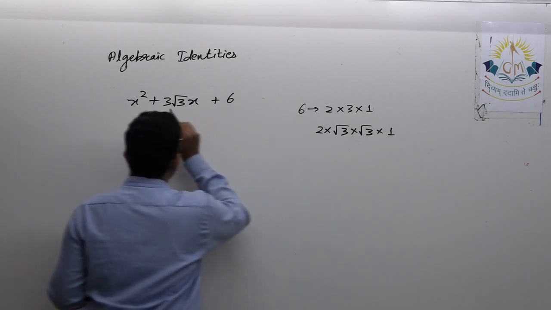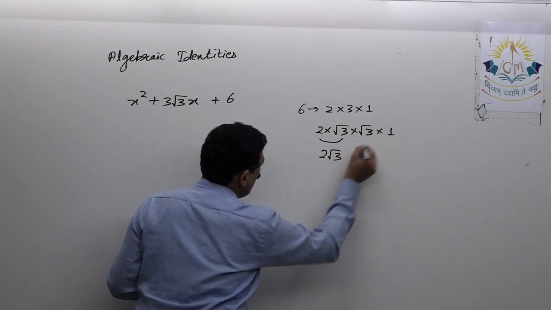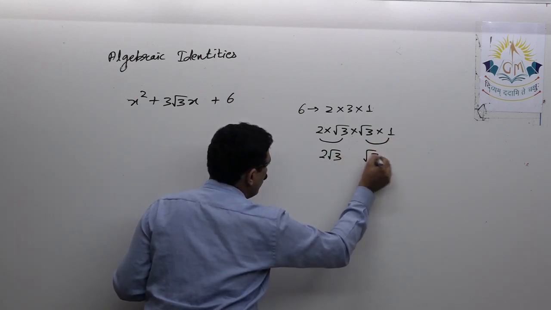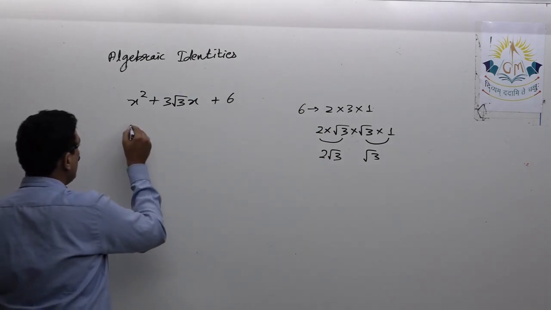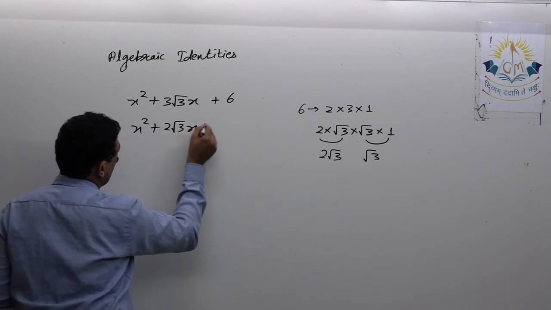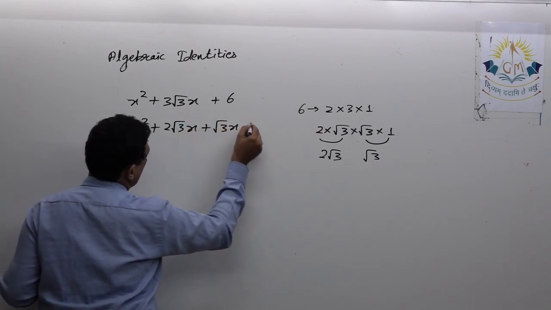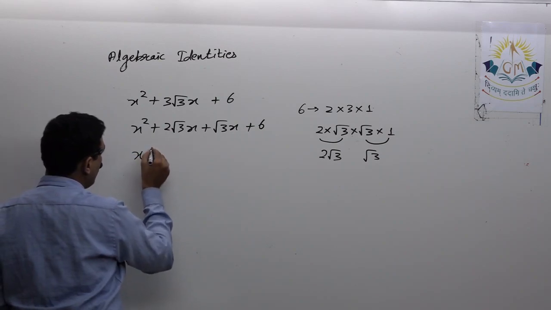So here, see, 3 root 3. If I take these two together, that is 2 root 3, and these two together is root 3. So 2 root 3 plus 1 root 3 gives me 3 root 3. So here x square plus 2 root 3x plus root 3x plus 6. From these two, I can take x common.